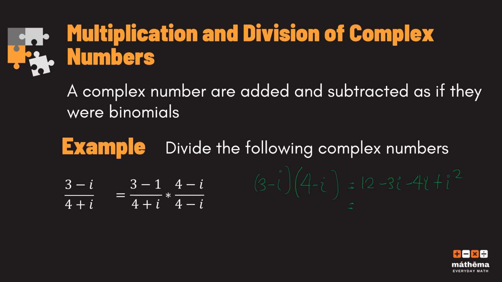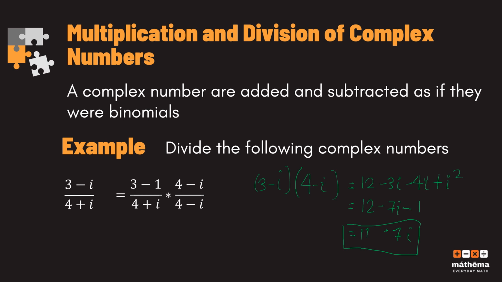Simplify, we will get what? 12 minus 7i. And i squared is what? Minus 1. Alright, and then we will have 11 minus 7i. So our numerator part is equal to 11 minus 7i.